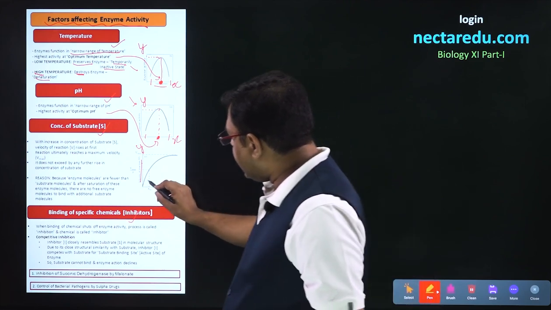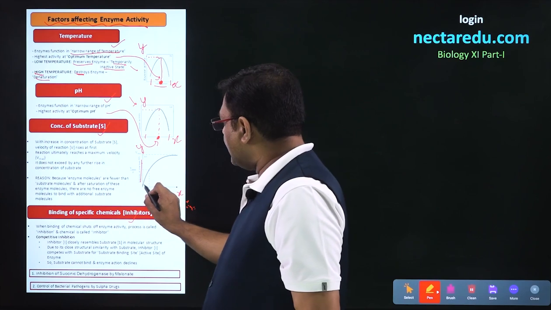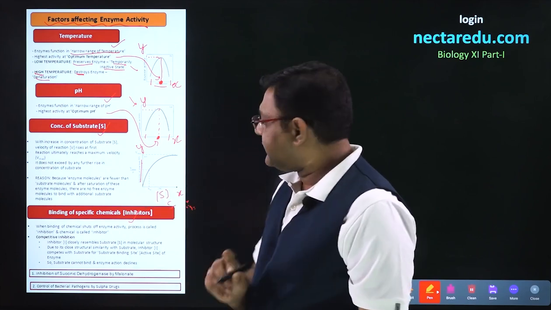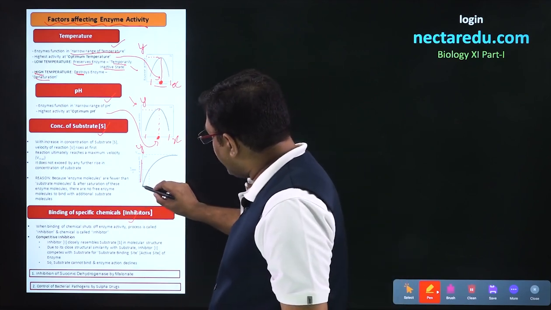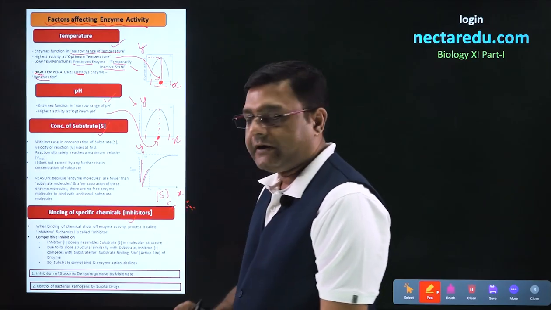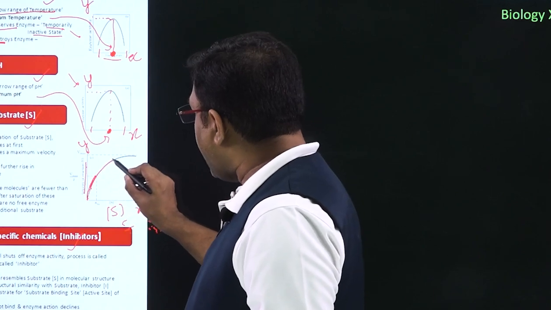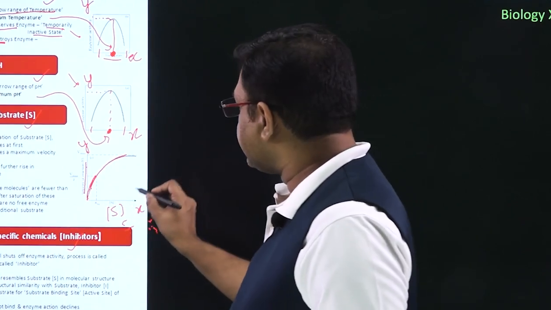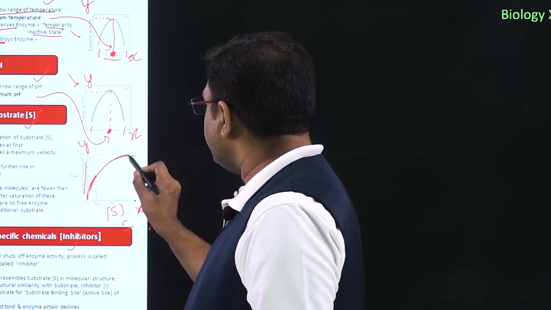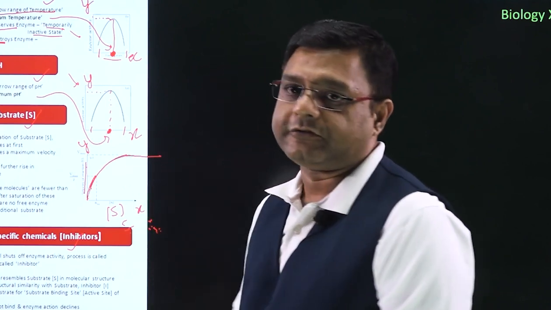As the substrate concentration increases, the velocity of reaction also increases slowly, but after reaching a certain substrate concentration, there will be no further increase in velocity of reaction.